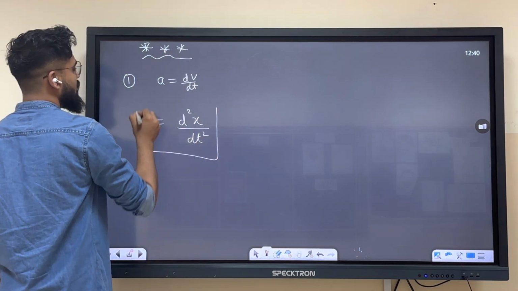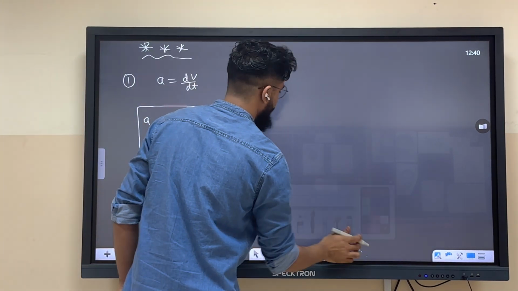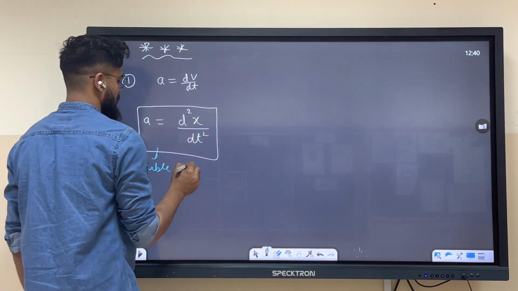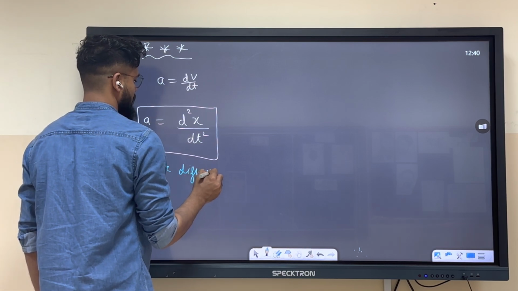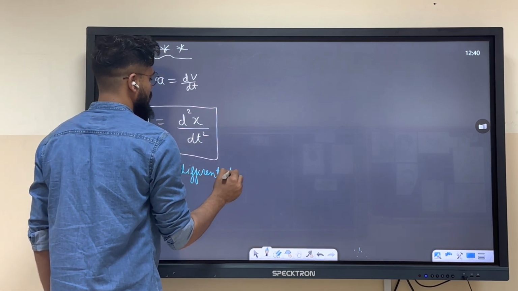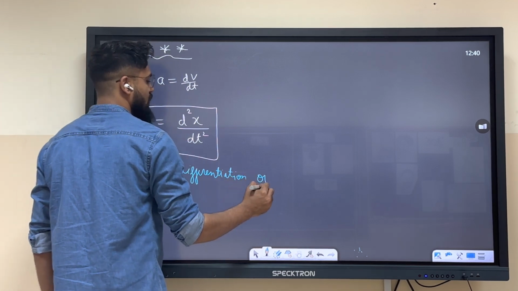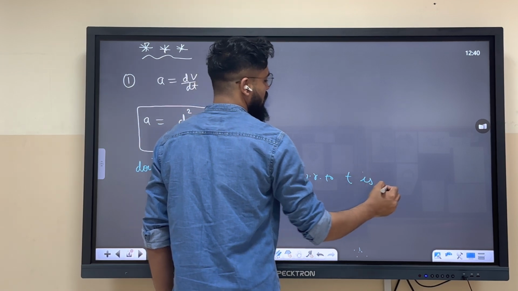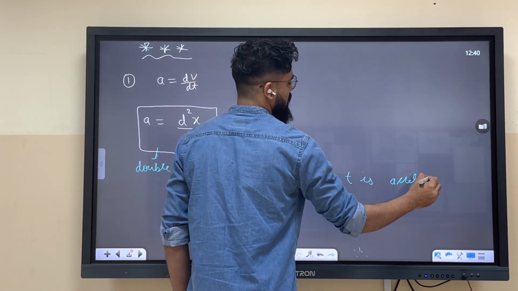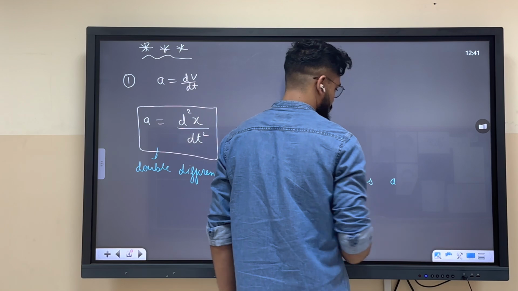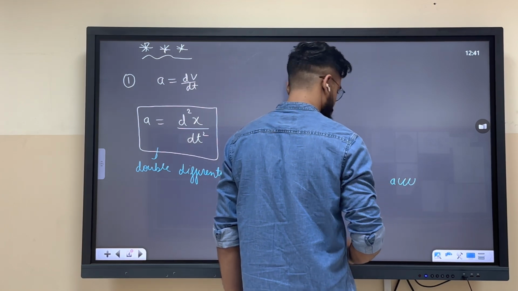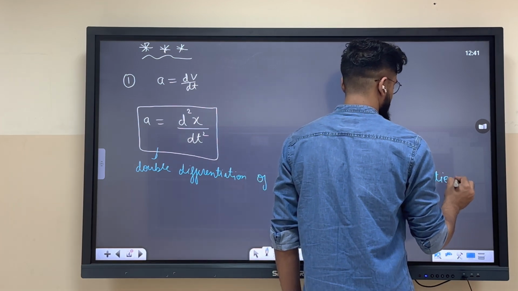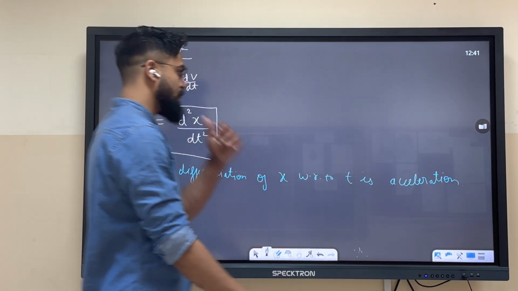It means double differentiation of x with respect to t is acceleration. ठीक है? चलिए.